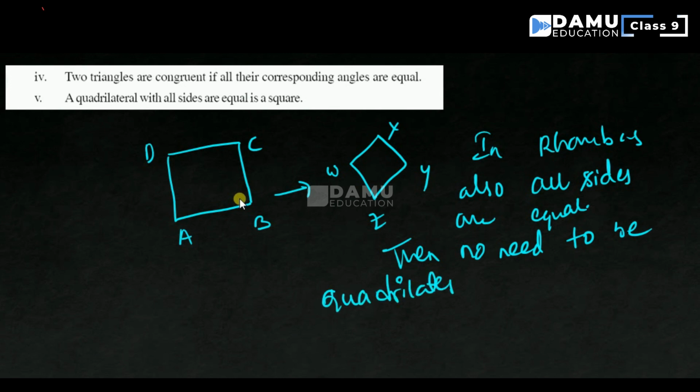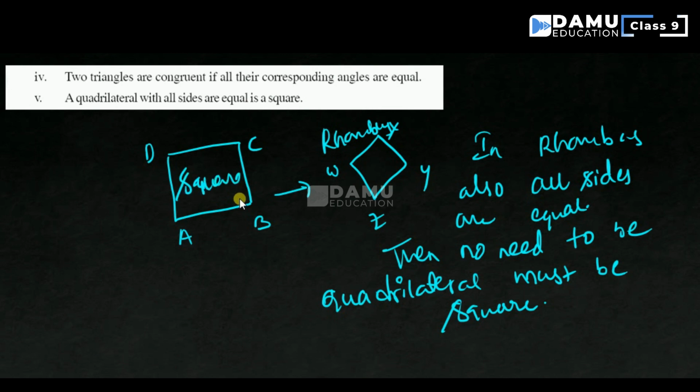So a quadrilateral with all sides equal need not be a square. It may be anything, it may be a rhombus also. This is the rhombus and this is the square. So like this we need to find.